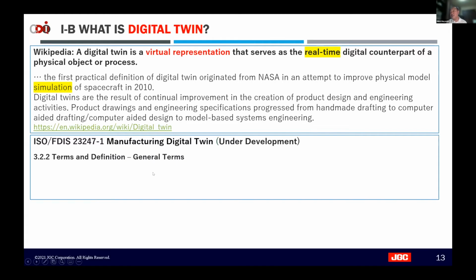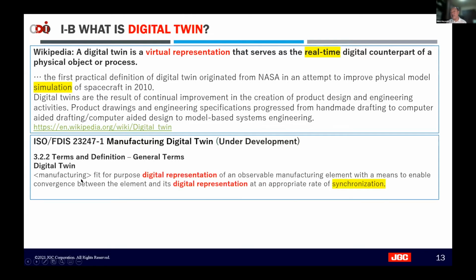Under section 3.2.2, terms and definitions, manufacturing digital twin is defined as a fit for purpose digital representation of an observable manufacturing element with the means to enable convergence between the element and its digital representation at an appropriate rate of synchronization.